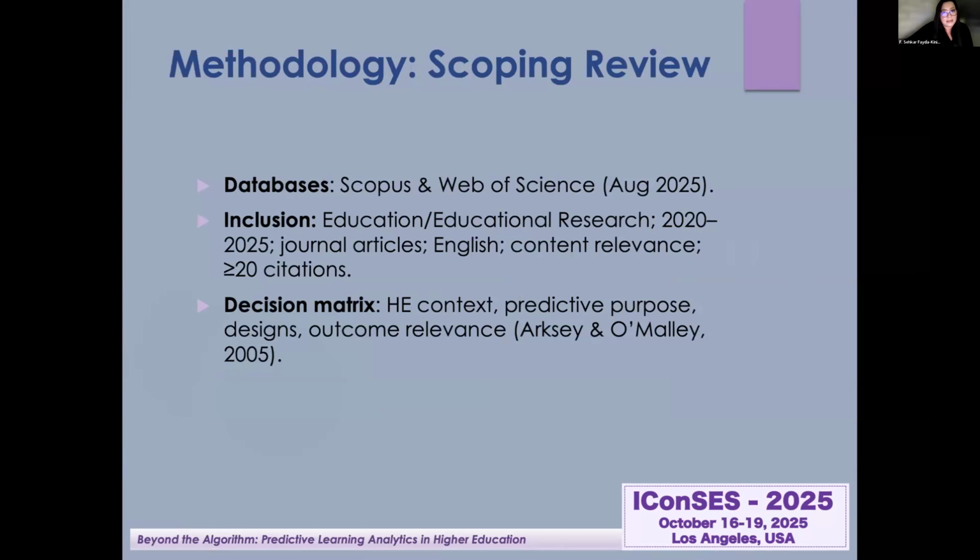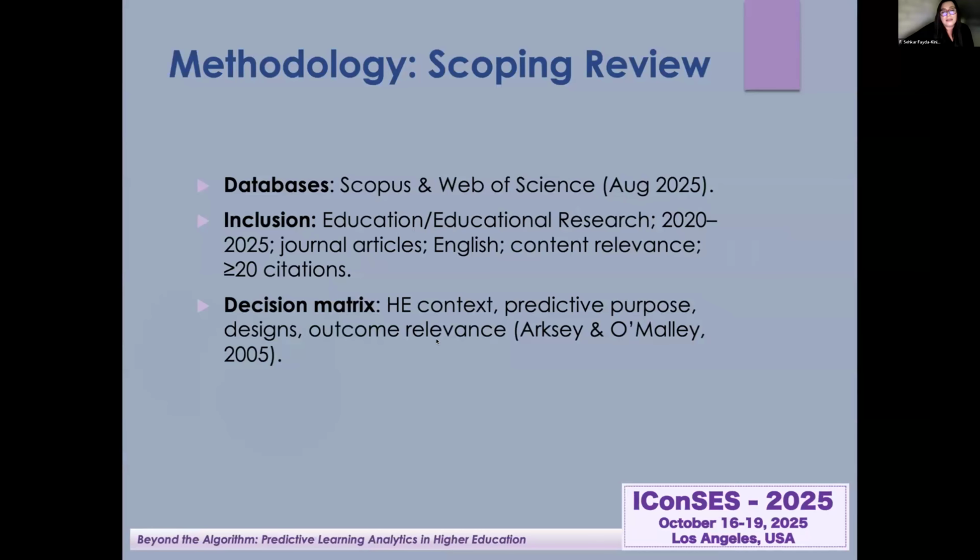Two databases were used, and the data was retrieved from Scopus and Web of Science in August 2025. There was an inclusion criteria: only educational research published between 2020 and 2025 as journal articles written in English that received more than 20 citations were selected.